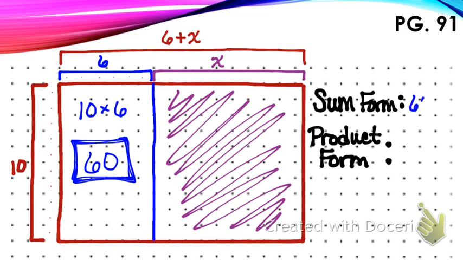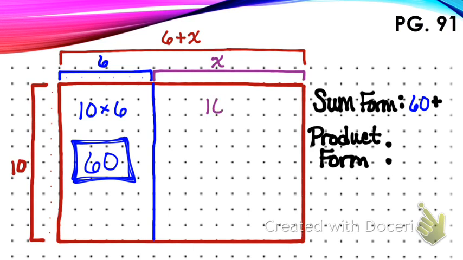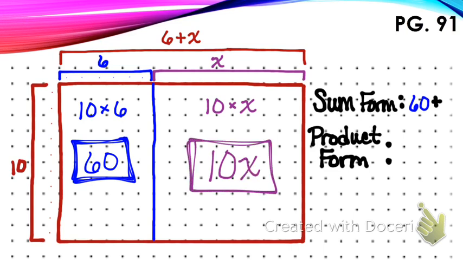So I would have 60 plus, for the purple one, I'm going to take 10 and multiply it by what? X. 10 times x, so that would be 10x. I can't simplify it any more than that.